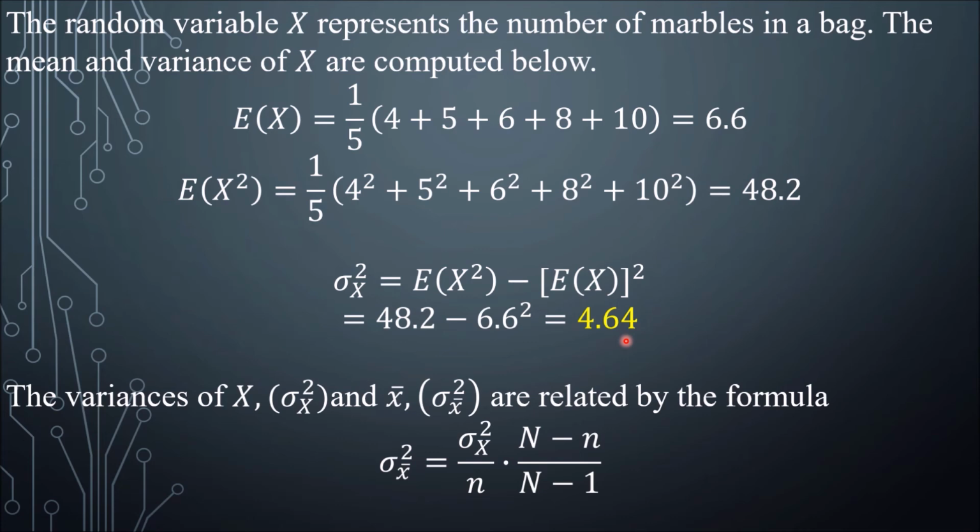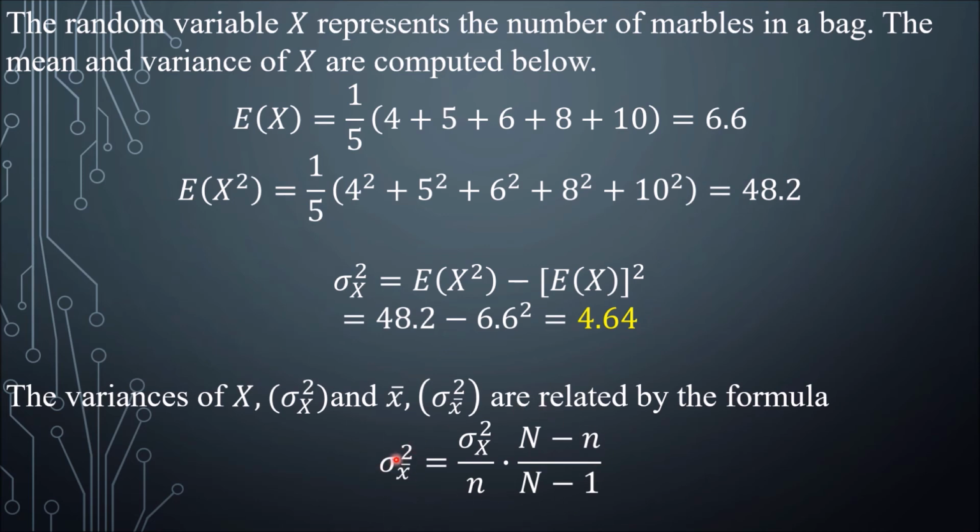Now, as you can see, the variance of this random variable is not the same as the variance earlier, which is 1.74. But they are related by this formula.